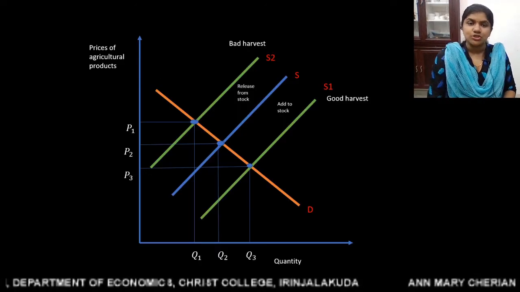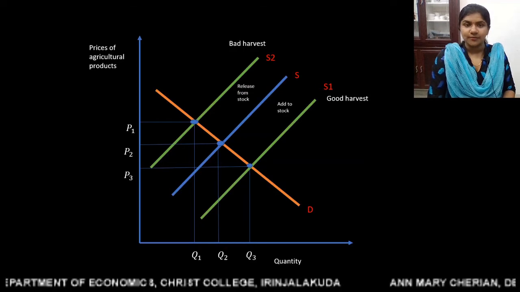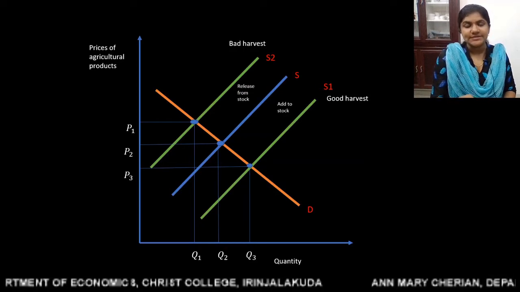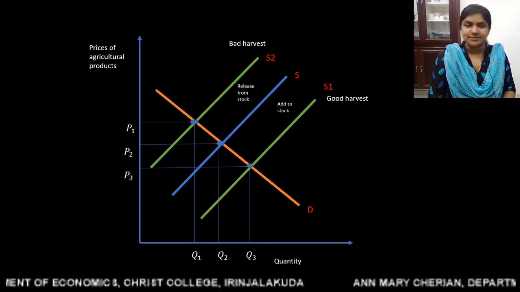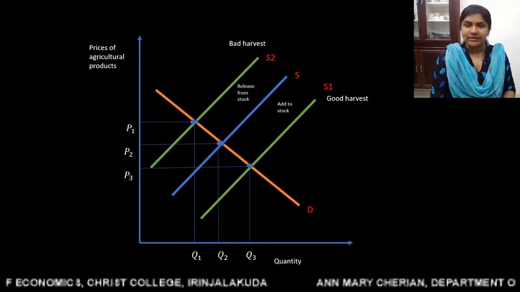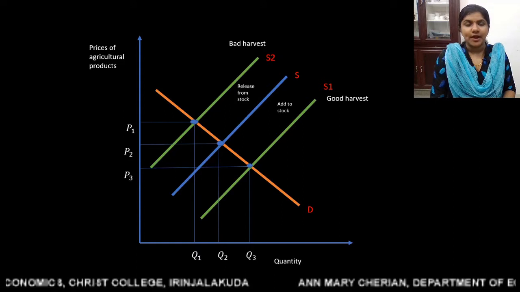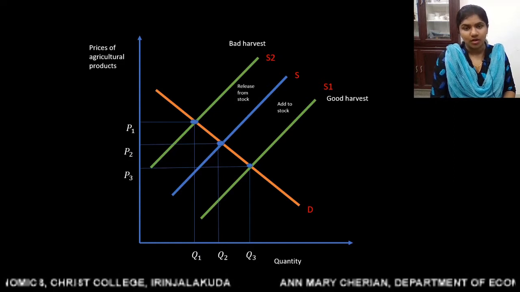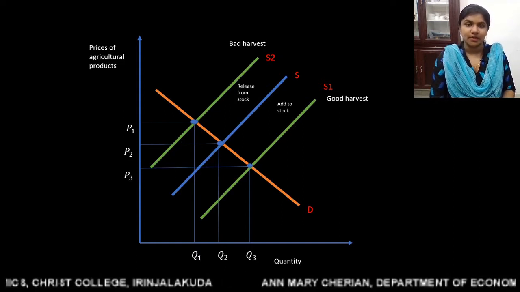Now let us move on to the mechanism of buffer stock. This graph depicts the mechanism of buffer stock. Quantity is measured on the x-axis and prices of agricultural products on the y-axis.